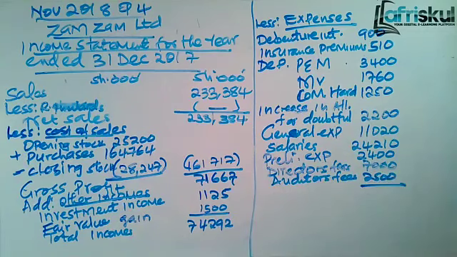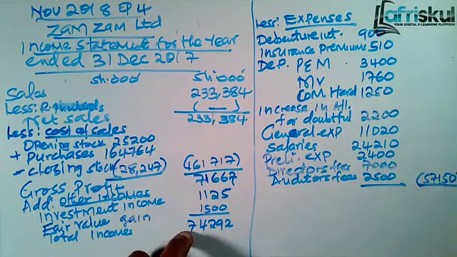So if I get my calculator, I get the total expenses. 900, 510, 400, 1760, 1250. I also get 2,200. What I'm getting here is a total of 57,150.